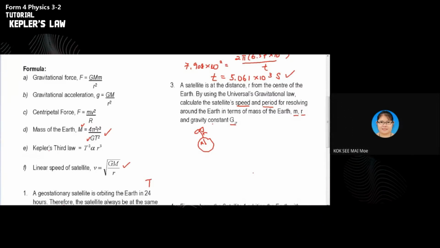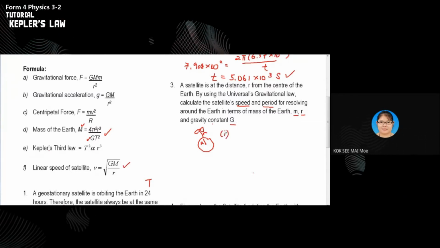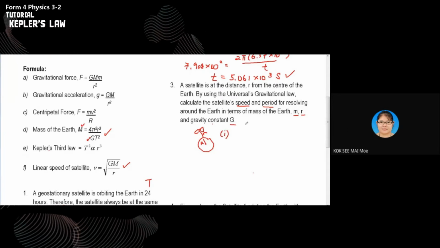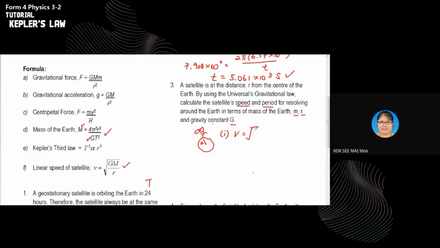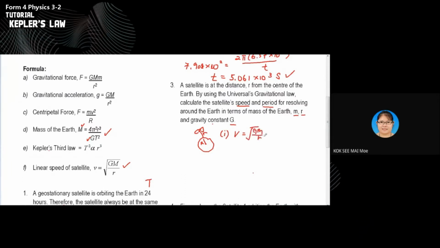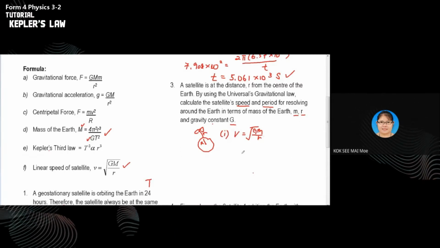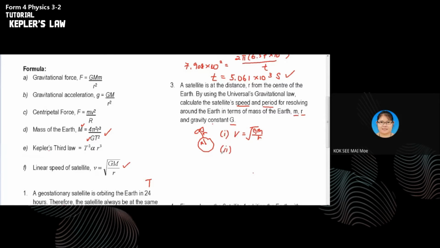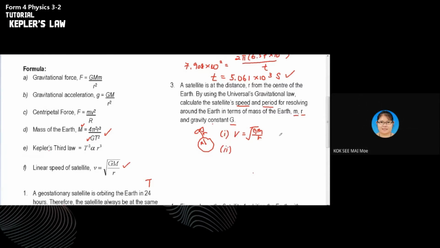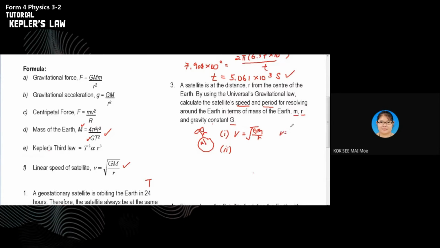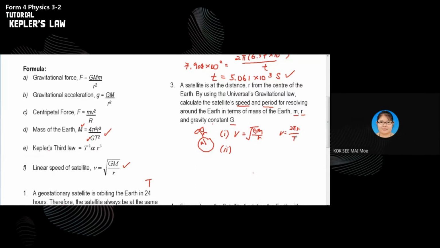So the first one, we find speed. For speed, we just apply the formula with M, R, G. So V equals square root of GM over R. That's all. This is the first one. Number 2, period. How to find the period? Remember we showed just now, V equals 2 pi R over T, where we write capital T for period.